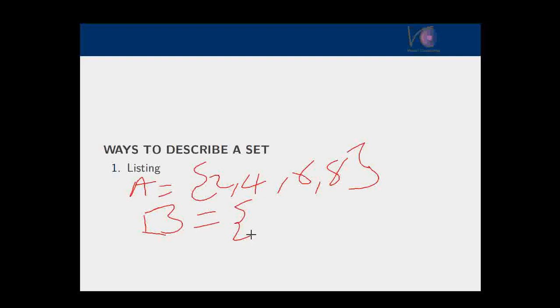We have our B starting from, maybe, 0, 1, 2, 3, and then three dots. I hope by now we know that when we have the 3 dots at the end of any listing, that implies the numbers keep on going and going. So now, what do you say about set A and set B?